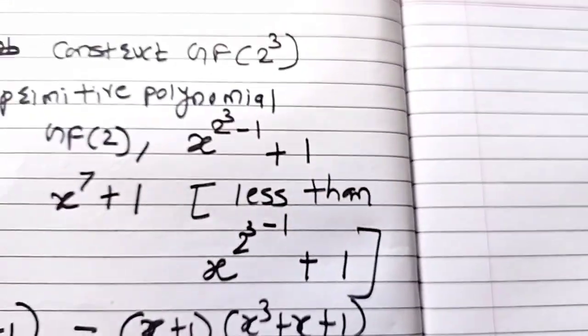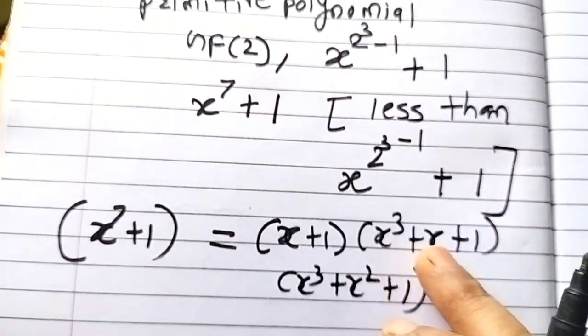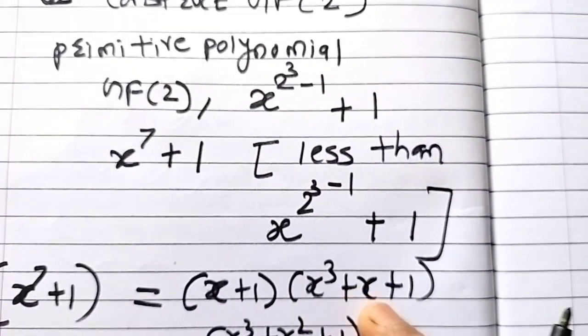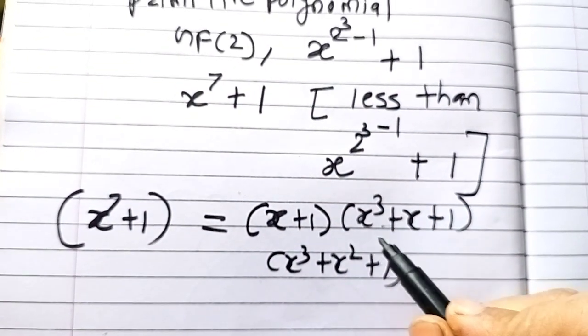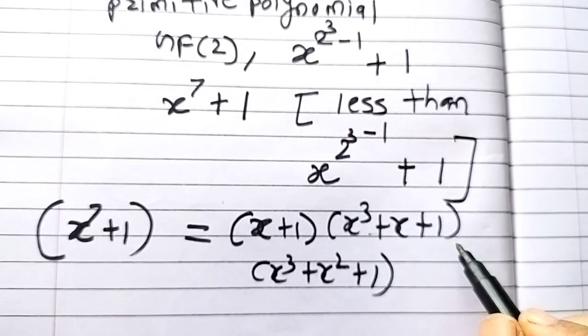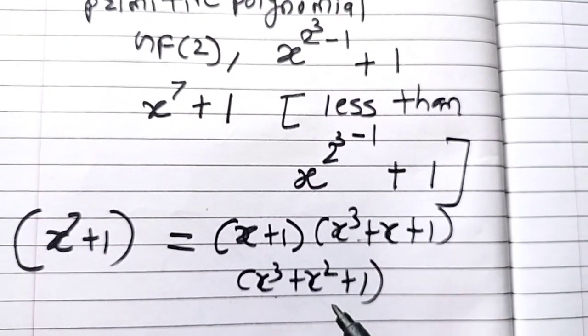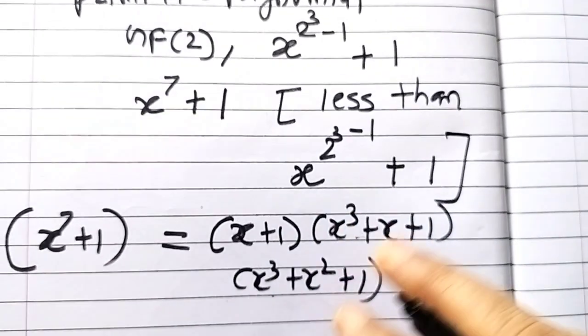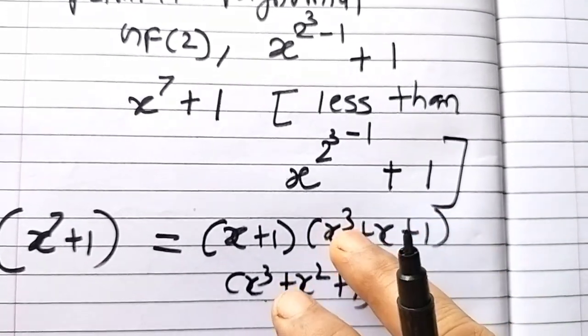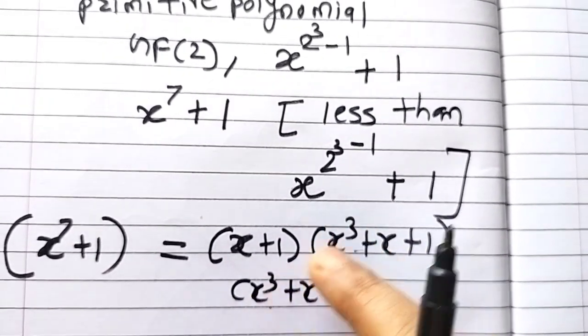So let us take, for today, the primitive polynomial as x cube plus x plus 1, or you can take x cube plus x square plus 1. Among these two you can take any one, because you want the degree of the primitive polynomial to be 3.